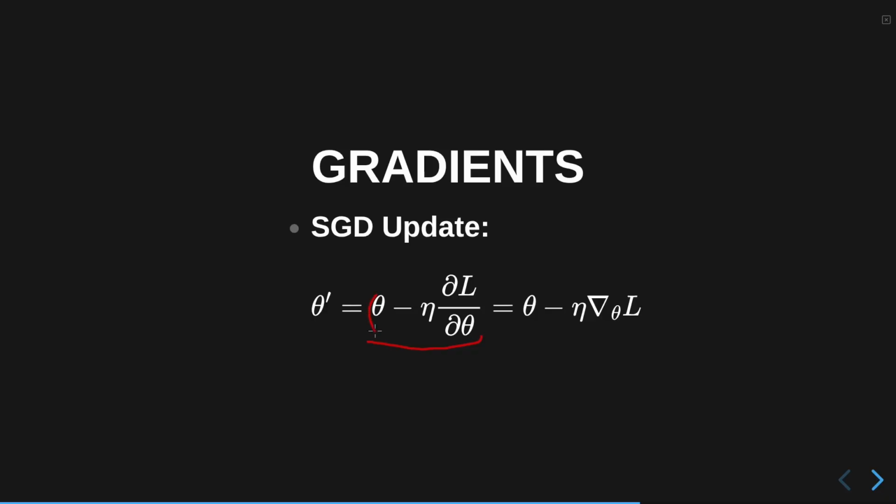Here the theta parameter in the equation represents our original parameter. It can be the weight or the bias, and this fraction here is the partial derivative of the loss with respect to the parameter theta. So you can have the partial derivative of the loss with respect to the weight vector or the bias scalar, but we need both in our case.